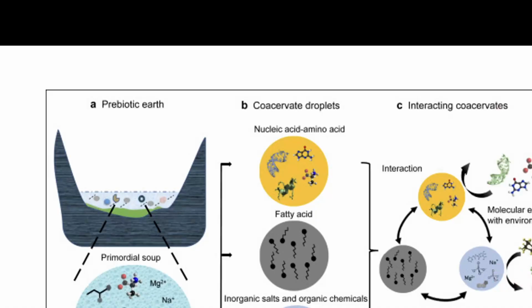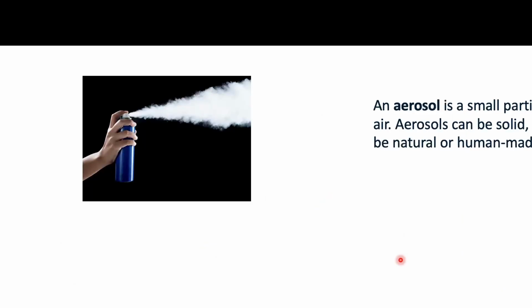So there is molecular exchange within the environment, and interaction between different coacervates led to the theory of biogenesis, or the theory of life, the evolution of life on Earth. So coacervates are very important. Now, what are the other three options that we looked at? First is an aerosol. Now, what is an aerosol?